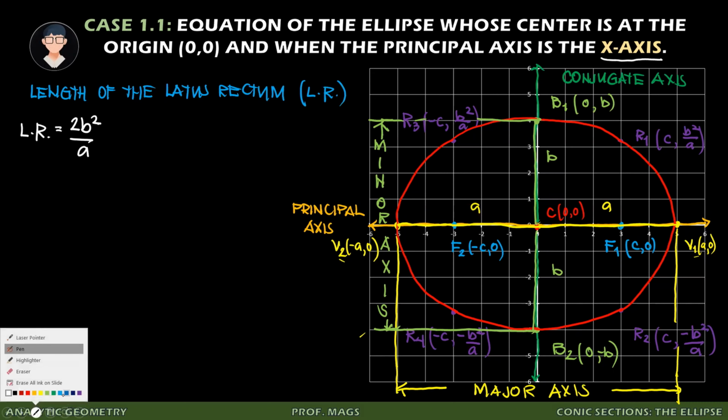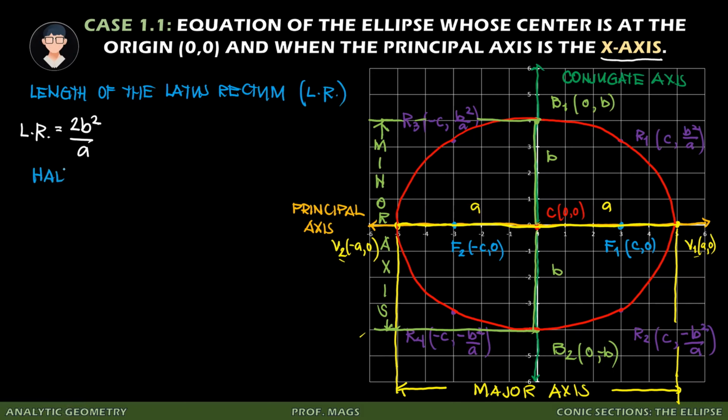And if you're going to get the half length of the latus rectum, all you have to do is to divide this by 2. Or L dot R divided by 2.